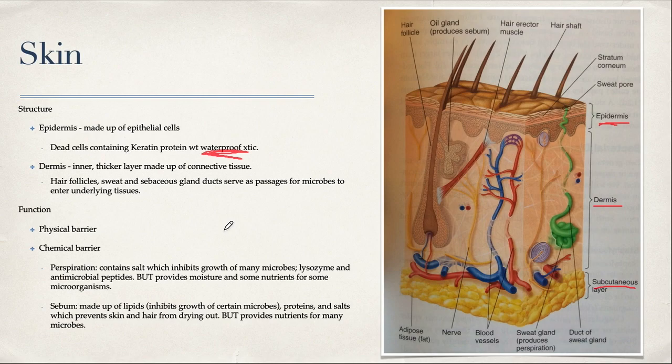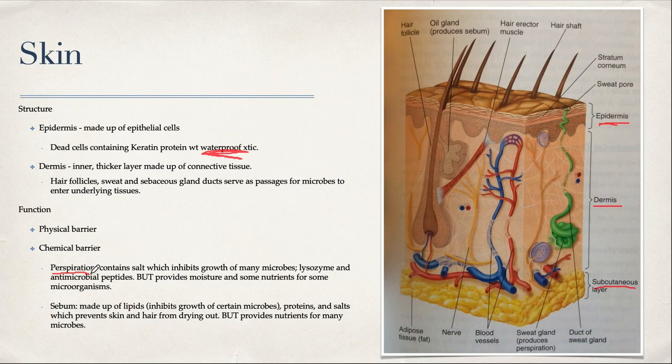So the skin has an important physical barrier, but then there is also the chemical component of it. There's a chemical barrier, and we touched on some of these when we were talking about the immune system. So perspiration or sweating, when we sweat, in terms of homeostasis, we are trying to bring down the temperature.